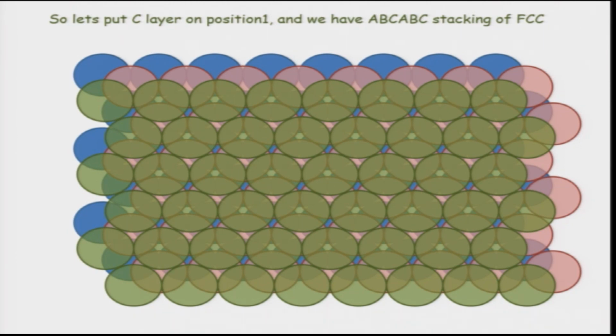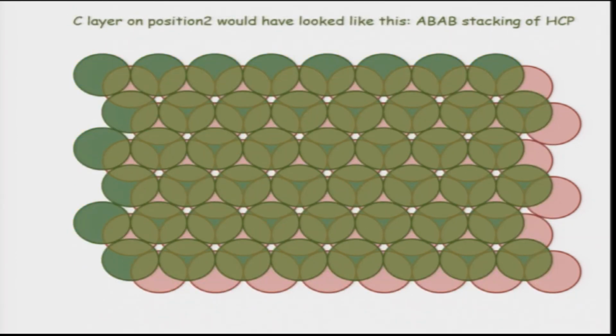Now if you had selected position 2, how would it look? The green atom would fall right on top of the blue atom, and it will look like this. So this will be green on top of blue, and so you are able to see only two layers, the B layer which is reddish in color, and the A or C layer which are the same.